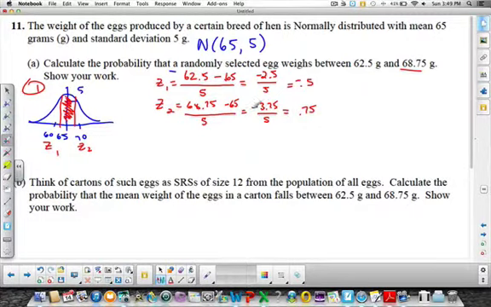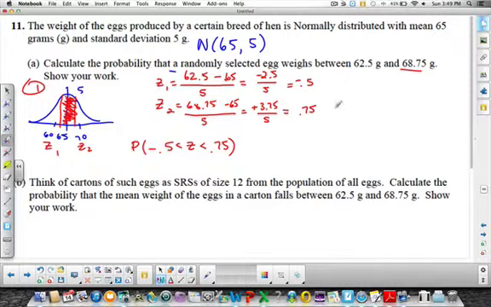Sorry, that's not negative, that's positive. So now what I want is the probability that z is between negative 0.5 and positive 0.75, and that corresponds to this area that I've shaded in here. Half a standard deviation below, up to 3/4 of a standard deviation above.